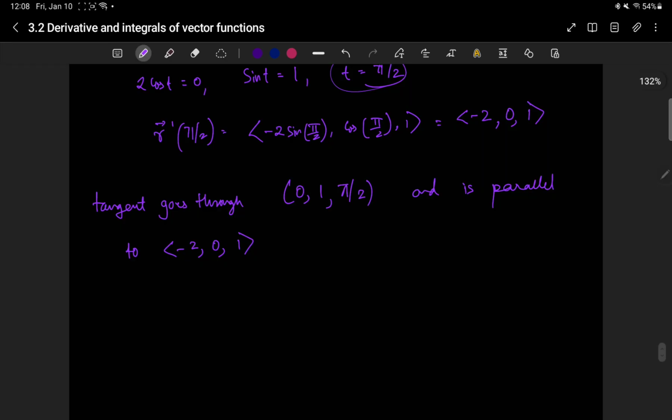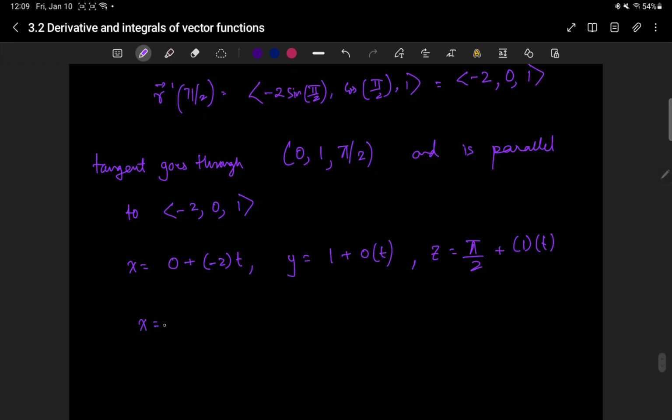How do we find the equation of a line given a point and its direction? Well, we can do that by using x equals 0 plus negative 2 times t, y equals 1 plus 0 times t, and z equals pi over 2 plus 1 times t.